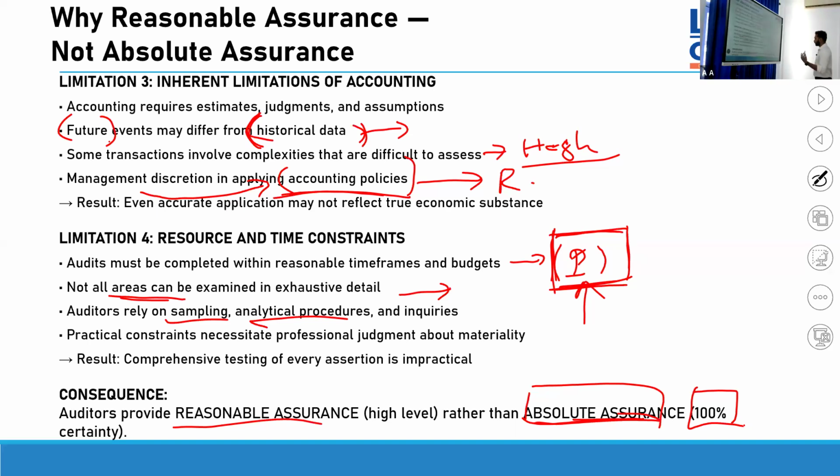We can't, in any circumstances, provide 100% assurance. Therefore, there are only two types of assurance: one is reasonable assurance, the other is limited assurance. Okay, keep in mind.